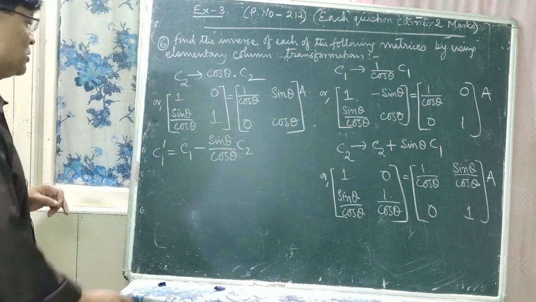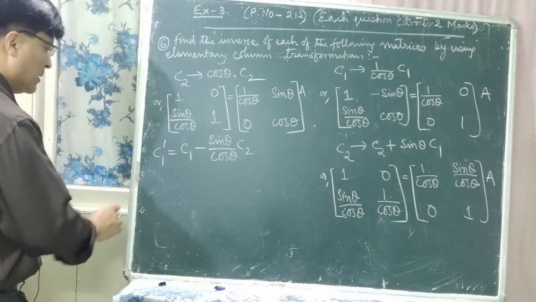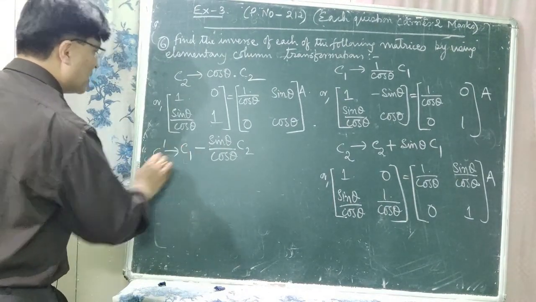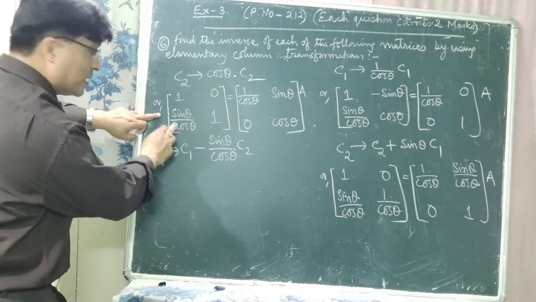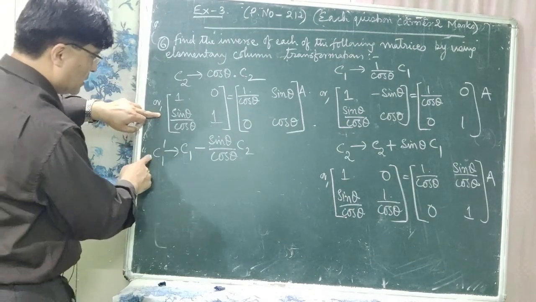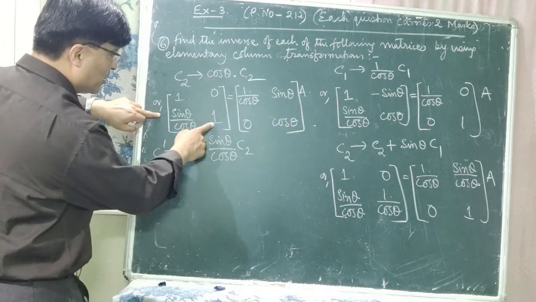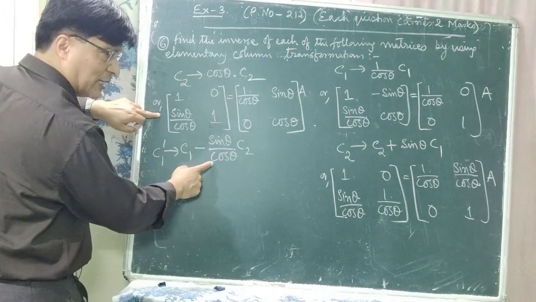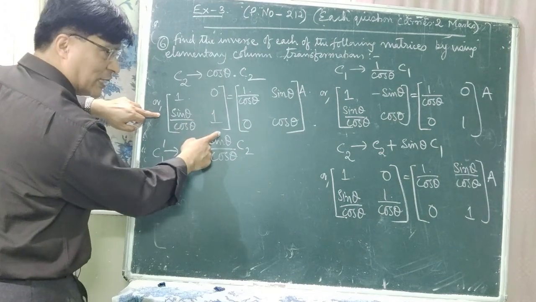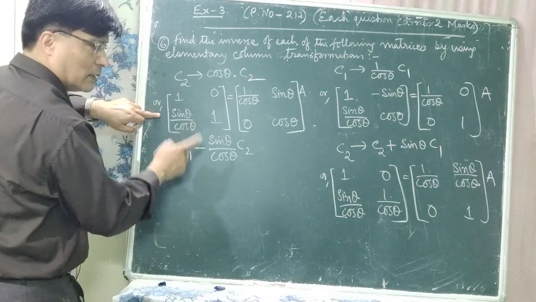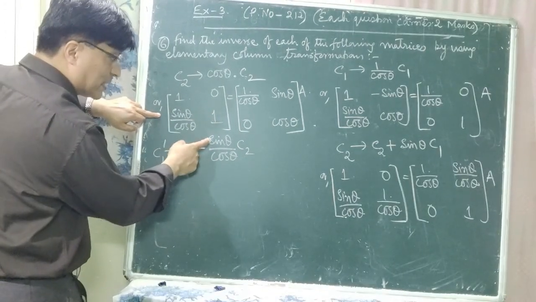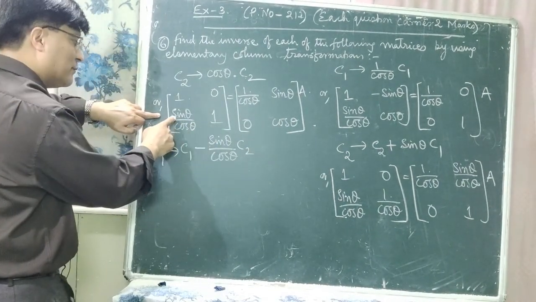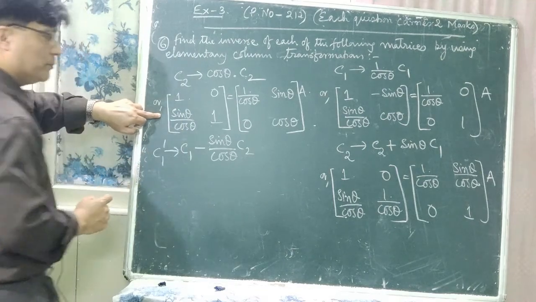Is that clear? So let us write C1 dash is equal to, or C1 arrow mark. So this C1 is changing. How does it change now? C1 dash is equal to C1 minus, if you multiply this 1 by sin theta by cos theta, then you will get minus sin theta by cos theta. And this 1 is multiplied by sin theta by cos theta. So what do we get? Sin theta by cos theta. If it is subtracted from column 1, then this will be 0.